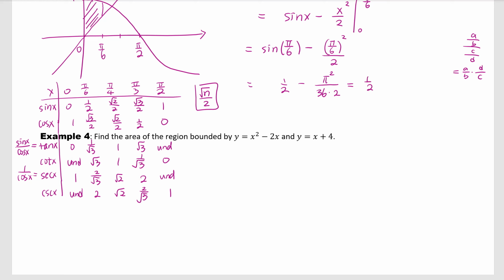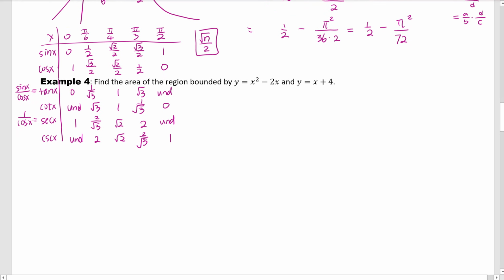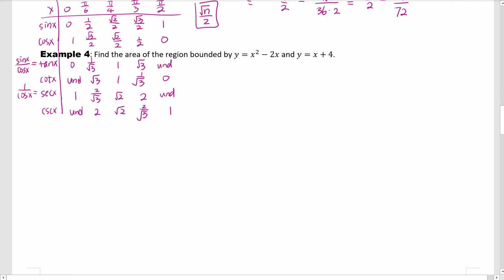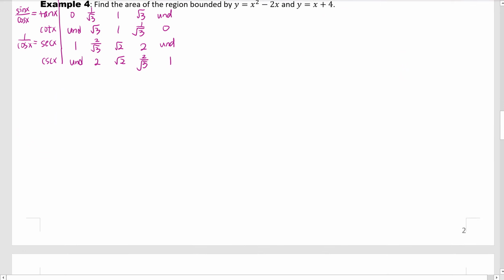Our answer is 1/2 minus pi squared over 72. See, we can calculate without a calculator. I strongly recommend that when you do your homework or exam problems, you try not to use your calculator. If you want, you can use it to check your work, but not during your calculation. It's good to build up a sense with the numbers.